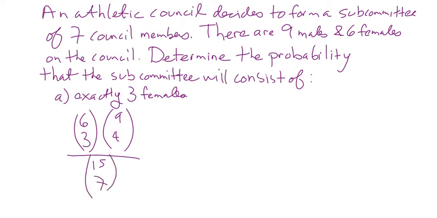Right, so the total number of committees without regard to who's on it is 15 choose 7. Okay, and then we just get to work this out. So 6C3 is 6 times 5 times 4 over 6, which is 20.